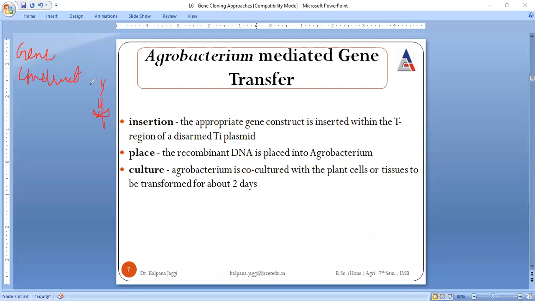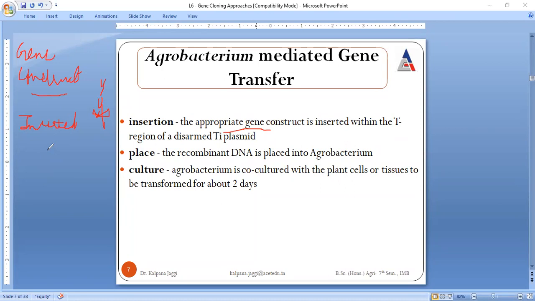That means that particular desirable feature is to be inserted into the plant. So the very first step is constructing the gene that is to be inserted into the T region. Thereafter, it is inserted into the T region, because this is the only region that transfers itself into the host genome.